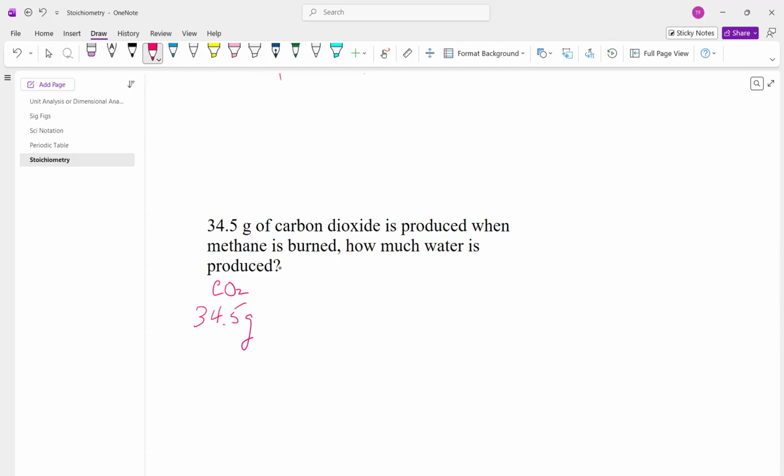Now, next week, we're going to learn about nomenclature and you'll know why it's called carbon dioxide. And what are we trying to calculate? Right, how much water is produced, so grams of water. So we go to our equation, which is this.